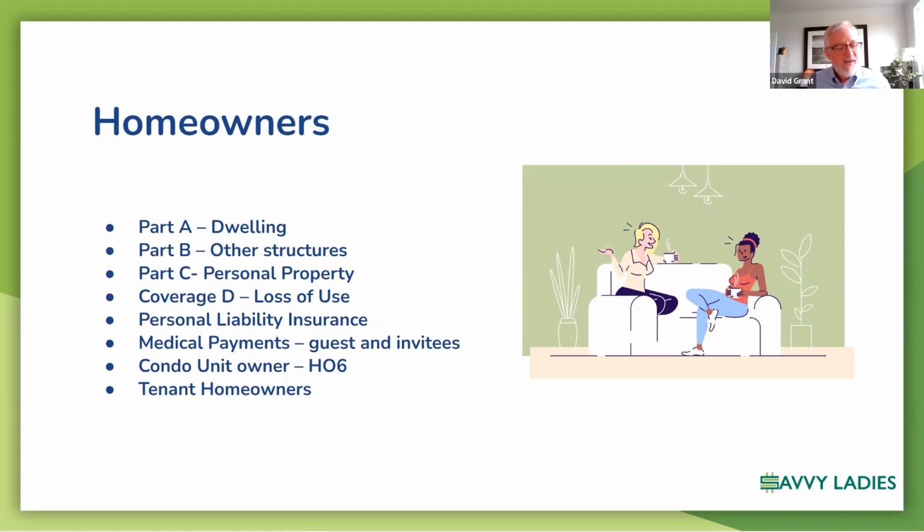Sometimes the documents are written so that the unit owner has to insure drywall and electrical and flooring and cabinets, and sometimes the documents say that all those are included with the condominium unit owners association. It just all depends.